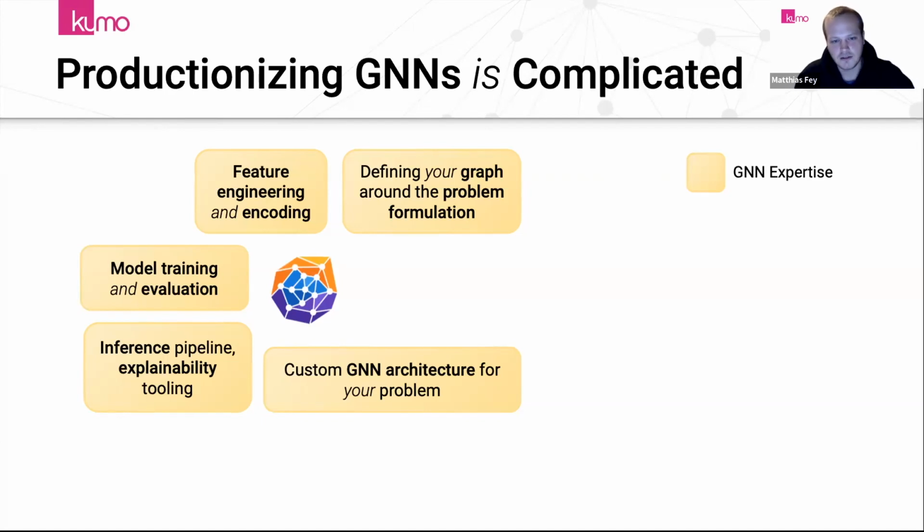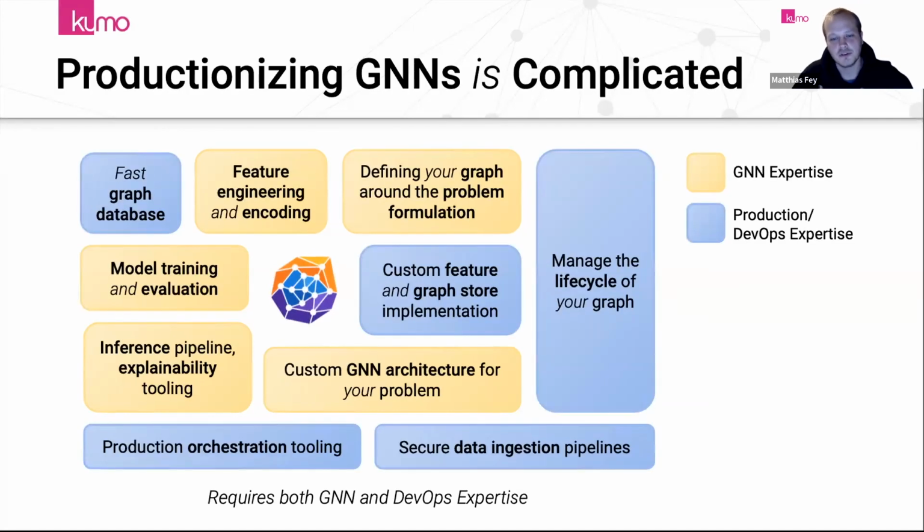But it's not the end of the road. If you really want to productionize that, you may deal with such large graphs that it's tricky to use an in-memory implementation. So you have to find ways for independent scale out, like connecting to graph databases and custom feature and graph store implementations.